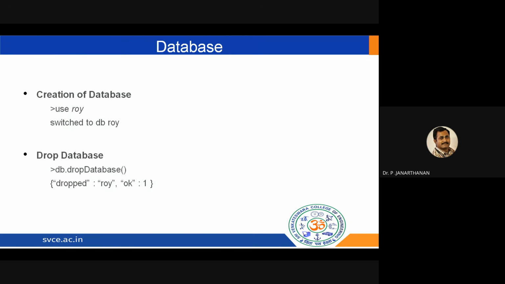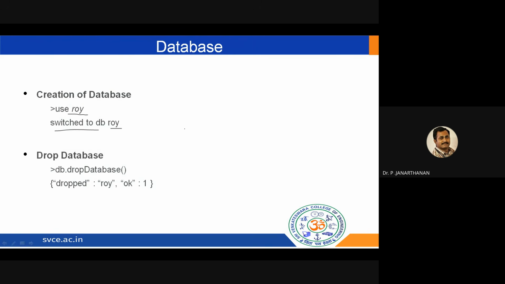Here I am going to create a database called raw. If I use the command use raw, the database will be created and the system will switch to the database raw as the current database, where you can create collections and perform all the operations.